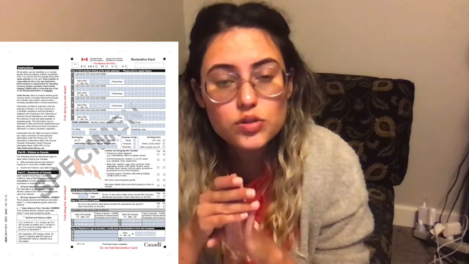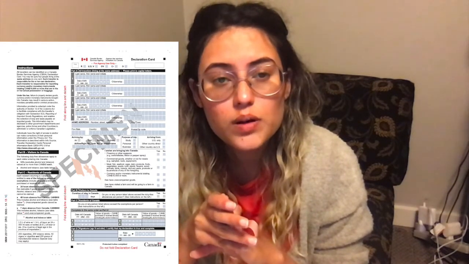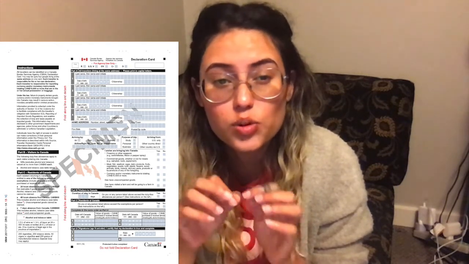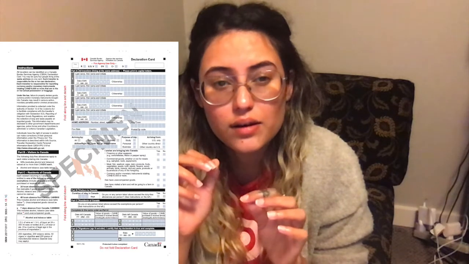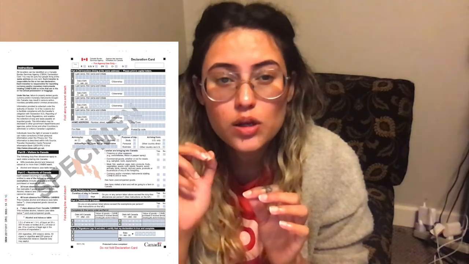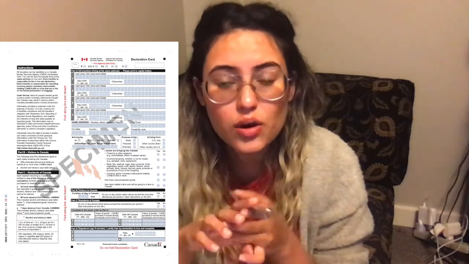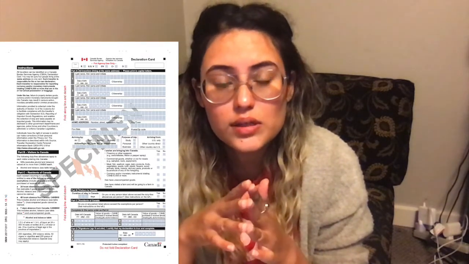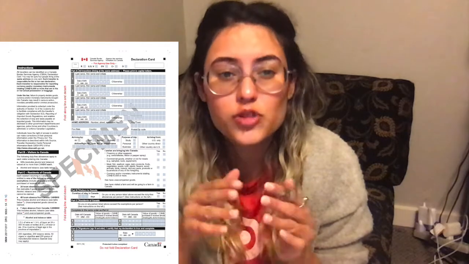I would suggest you do a Google search and type in your question with regards to the allowance for both alcohol and tobacco, which could be cigarettes, cigars, or electronic cigarettes and things like that. Then only try to travel within the limit, but if you are traveling above the limit, this is where you'll have to declare that.